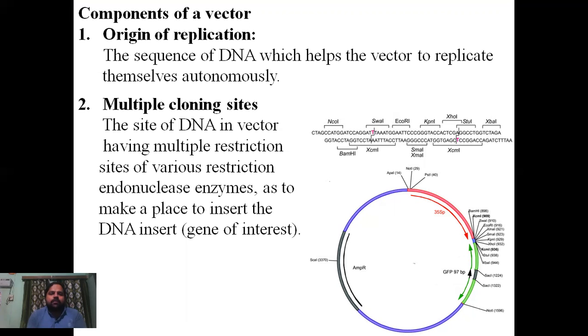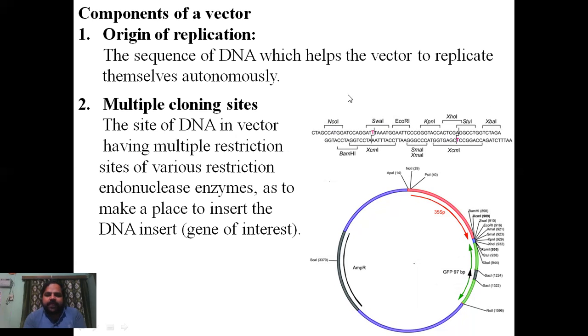The second is multiple cloning sites. We can see here in this vector, there are several restriction sites and the whole restriction site will be called as multiple cloning site. It means we can put our gene of interest here or here or here or here.